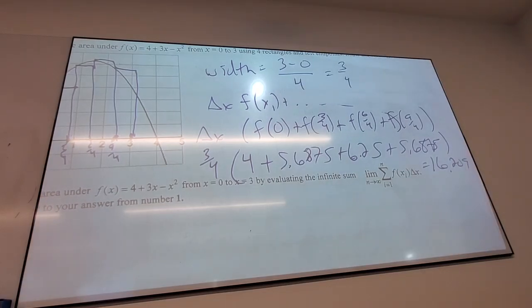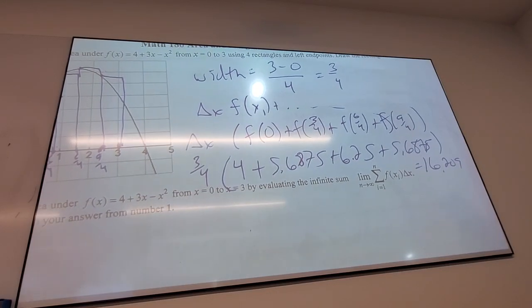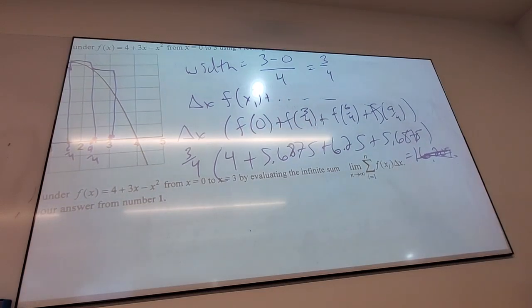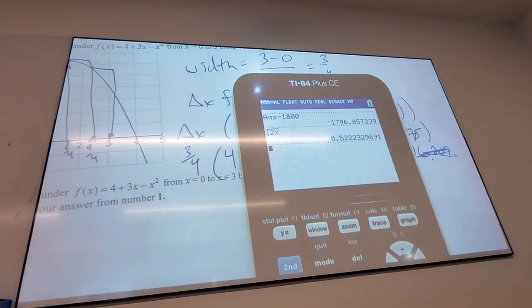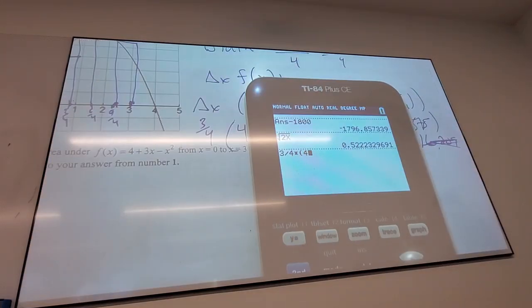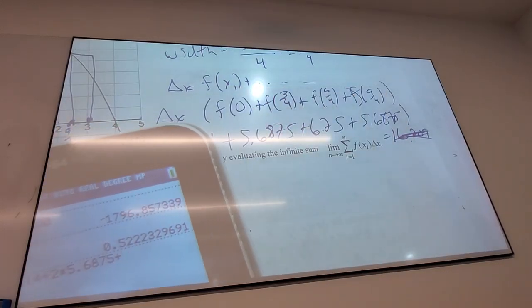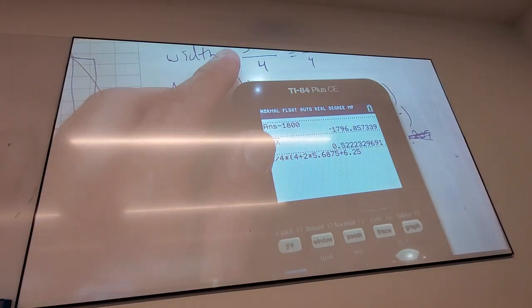Anybody else doing that? Everybody turn their calculator in, which is not the best idea, but it's up to you. We got a different answer? Okay. All right, let's do this. What'd you guys get? 16 point 21875. Let's see, so 3/4 times 4 plus 2 times 5.6875 plus 6.25.